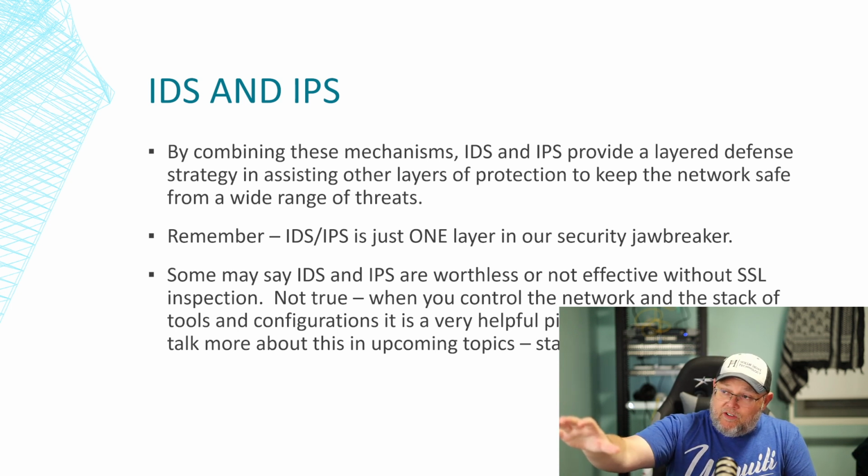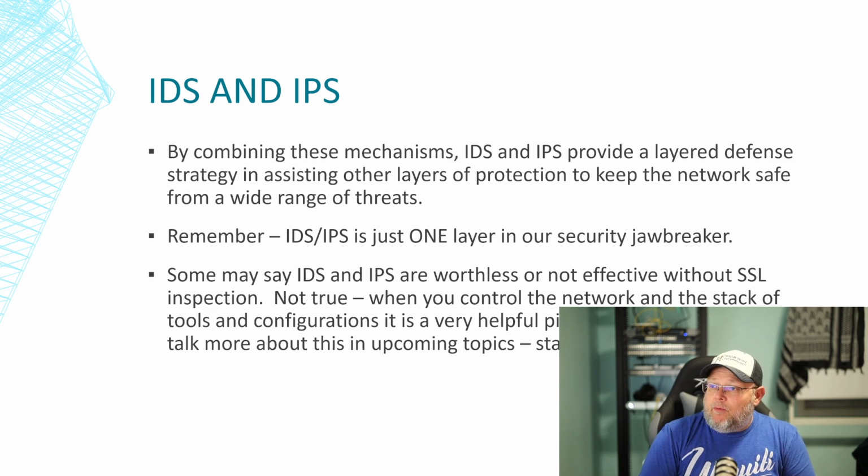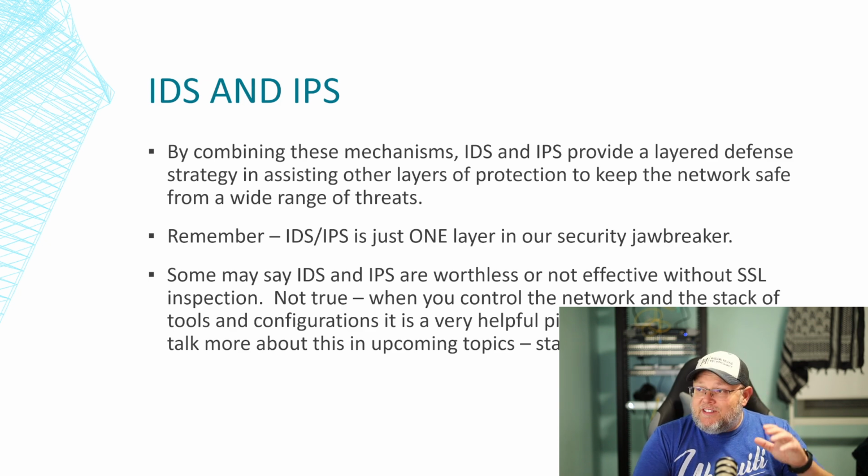Remember, IDS IPS is just one layer in our security jawbreaker. And I reiterate, some say that IDS and IPS may be worthless or not effective without SSL inspection. It's not true. When you control the network and the stack of tools and configurations, it is a very helpful piece of the strategy. And we're going to be talking about that more in upcoming topics and configurations. So stay tuned for that.